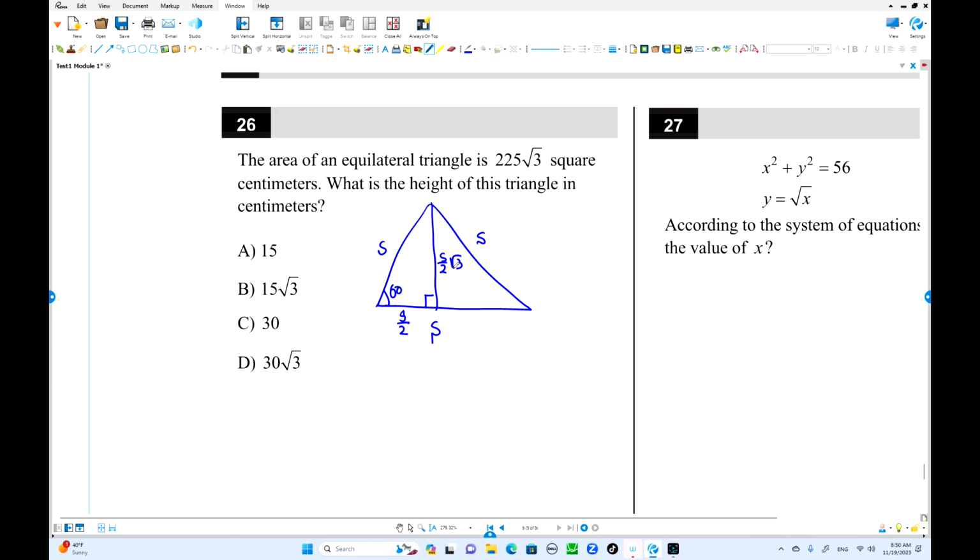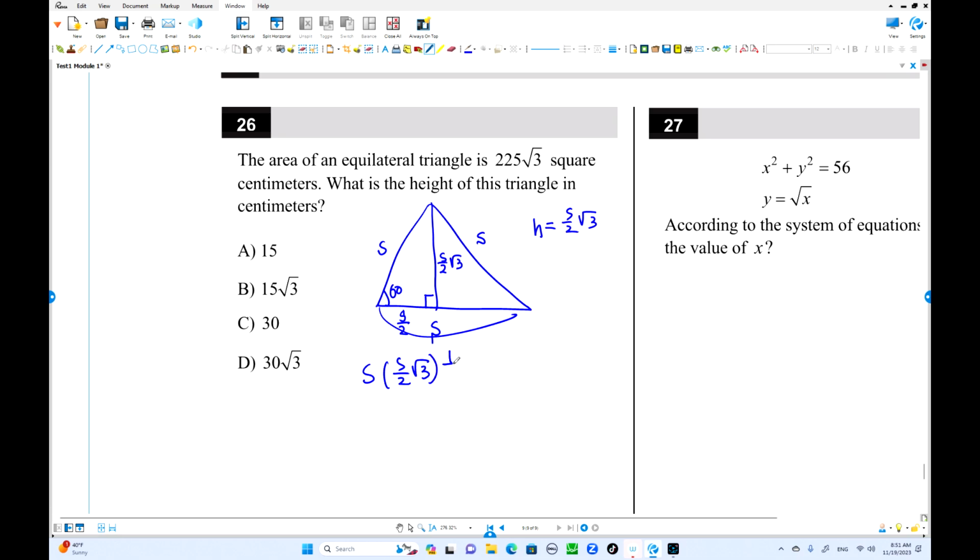That's the height. Now, how can you find the height? Height is s over 2 root 3, okay? How can you find s? The area is given, 225 square root 3. How can you find the area? S times s over 2 root 3, that's your height, and times 1/2, right?